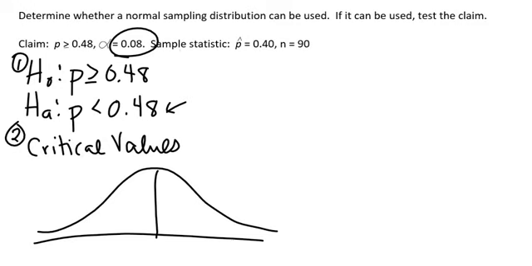Since the alternative hypothesis has a less than sign, this is going to be a left tail test, which means that we're looking for a negative z-value. And specifically, the area under the curve is going to be equal to your alpha value of 0.08. So when we go to our table, we're going to look inside the area of the table for a number that's as close to 0.08 as we can find.